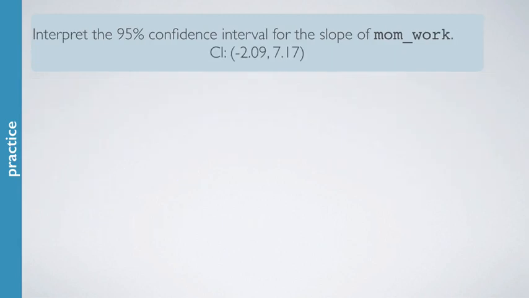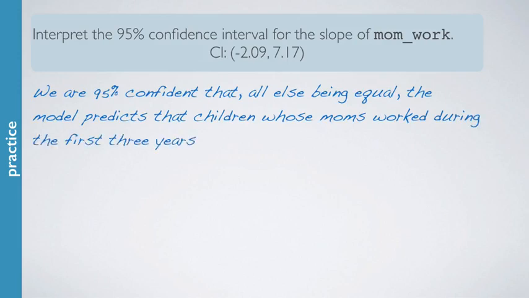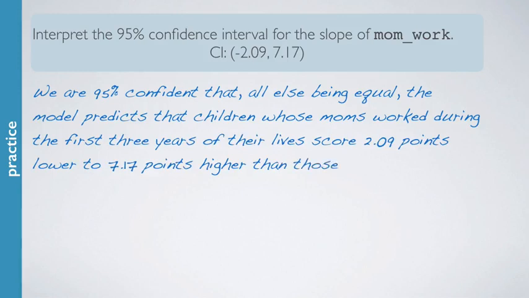This is simply going to be the interpretation of the slope for this variable, except now we're also adding a statement to the beginning of that about how confident we are of that estimate. So we are 95% confident that, all else being equal, the model predicts that children whose moms work during the first 3 years of their lives score 2.09 points lower to 7.17 points higher than those whose moms did not work.